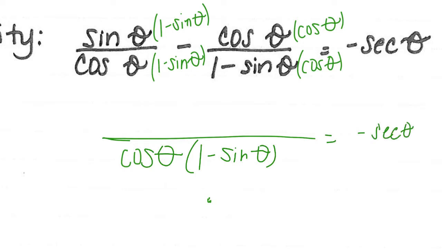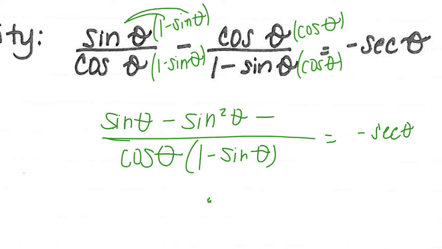But on the top here, when I distribute this through, I have sine of theta minus sine squared of theta. And then this is minus the cosine squared of theta, because cosine of theta times cosine of theta.